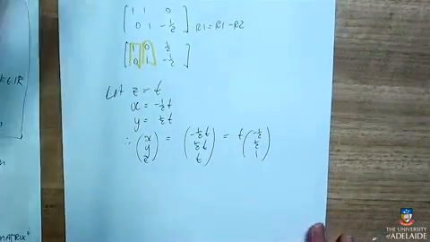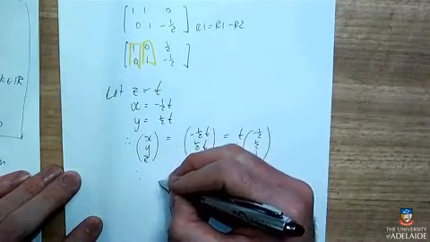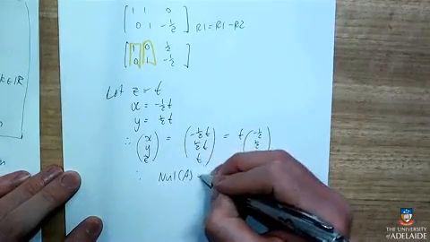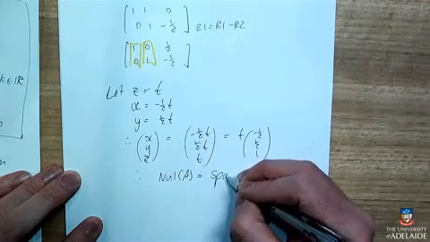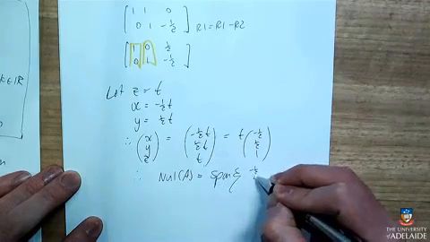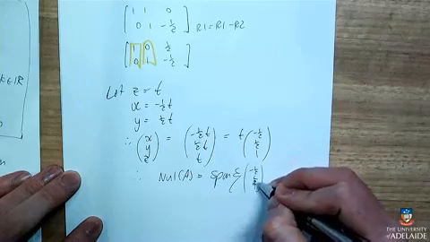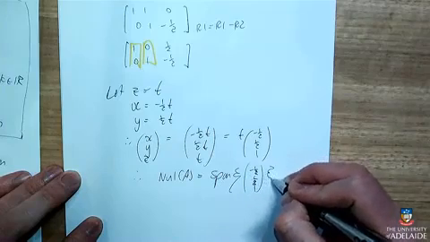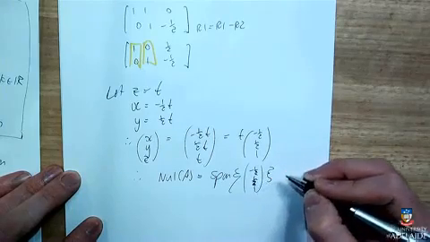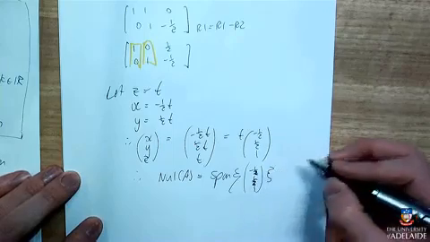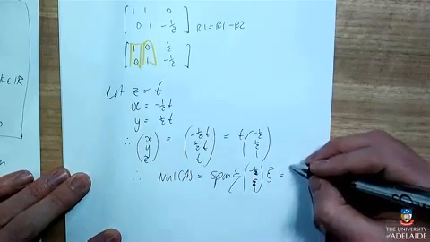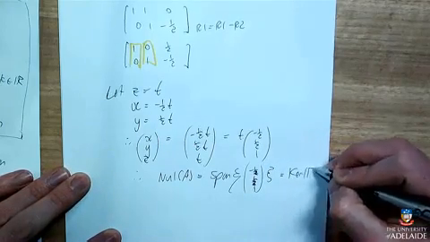And so therefore the null space of A is the span of minus a half, a half, 1. Crap, just making it worse, David. And that's the same as the kernel of the linear transformation.